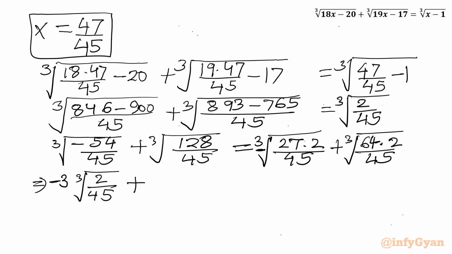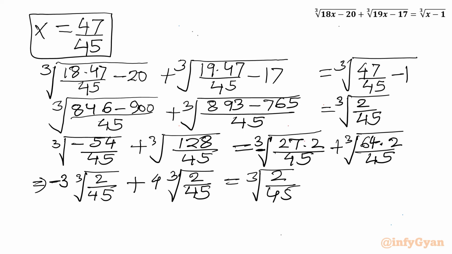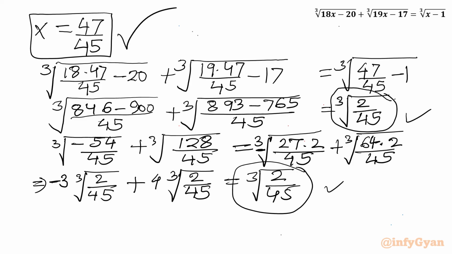Similarly, cube root 64 is 4, so 4 will be outside, and then cube root 2 over 45. Now 4 cube root 2 over 45 minus 3 cube root 2 over 45 will become cube root 2 over 45. You can see this is our LHS and this is our RHS. So both are equal to each other, hence this is also verified.